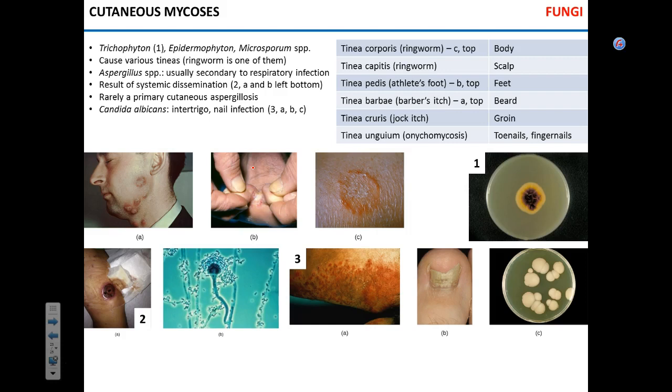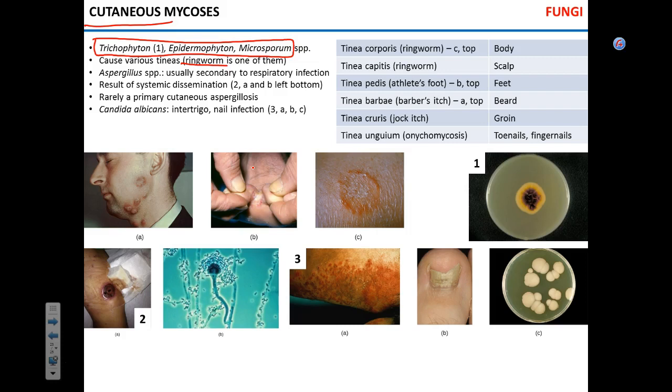So, the first type of mycosis are cutaneous ones, the ones that affect skin. The group of three microorganisms here, Trichophyton, Epidermophyton, and Microsporum, these three genera all can cause the disease commonly known as ringworm. A fancier name for it is tinea something.